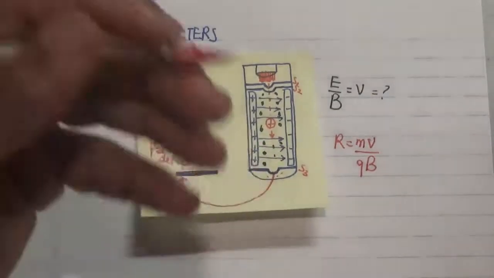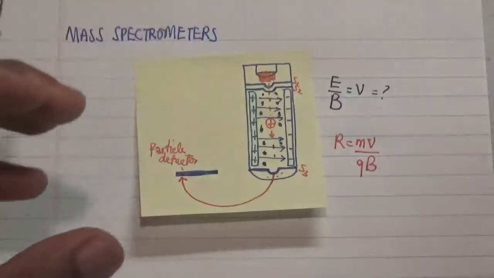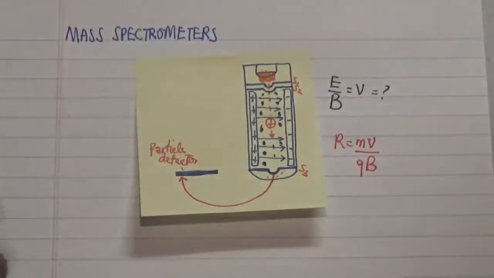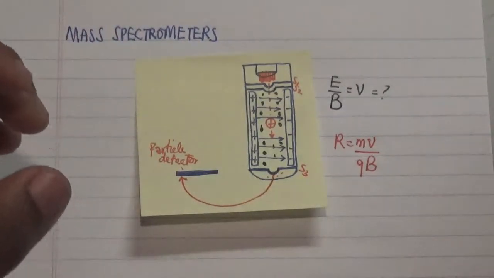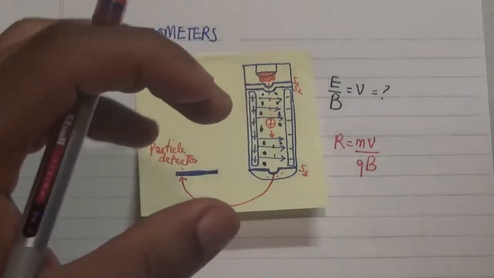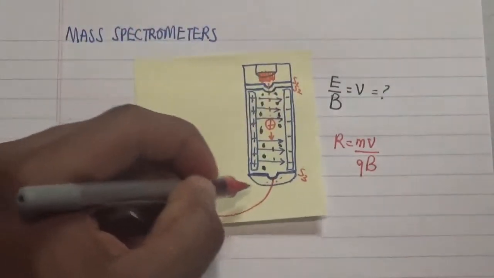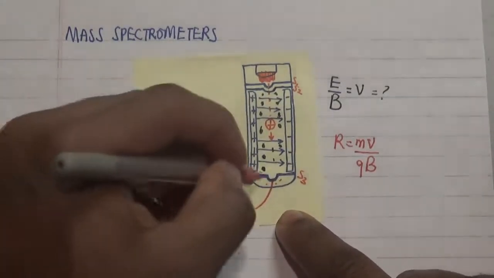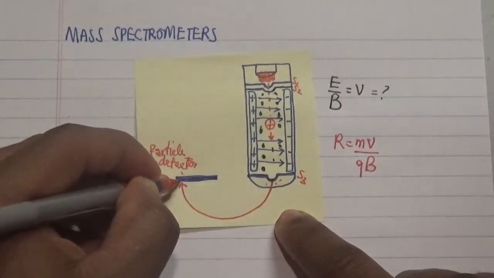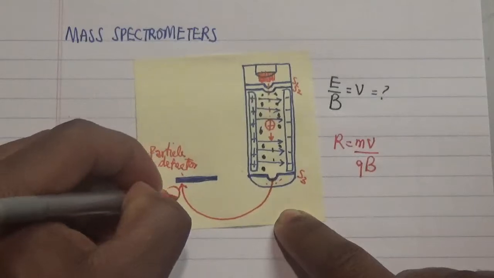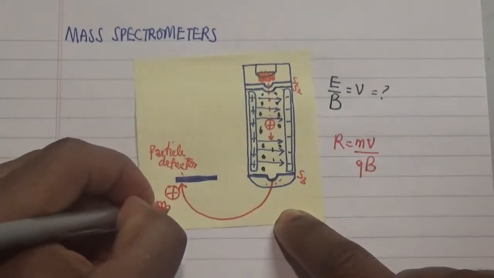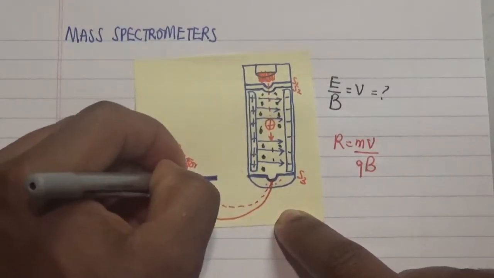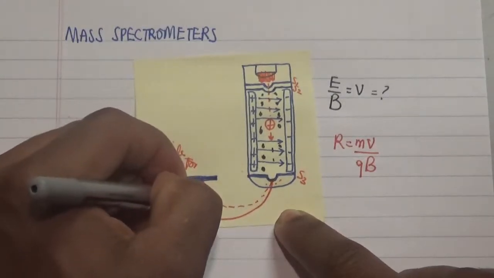Now take note that if you want to understand more about separating various molecules having the same positive charge, we separate them based on the mass of the molecule and its relationship with the radius it makes once it exits the third slit toward the particle detector. Let's say we have one particle making it out into this detector; we call this molecule, positively charged, M2. Now we have another one making it out into the detector with a positive charge; we name this M1.